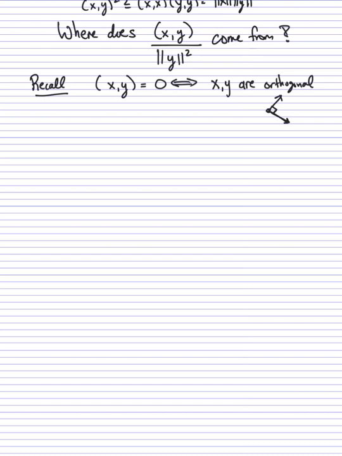Now, notice if I take any x, y, now in just a general inner product space, if I define z to be x minus the inner product of x and y over the norm of y squared times y, which is precisely what we were looking at above, then the inner product of z with y is equal to 0.